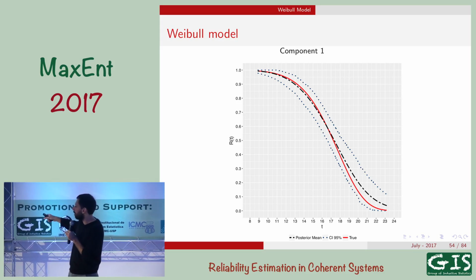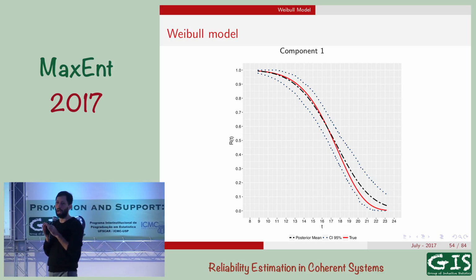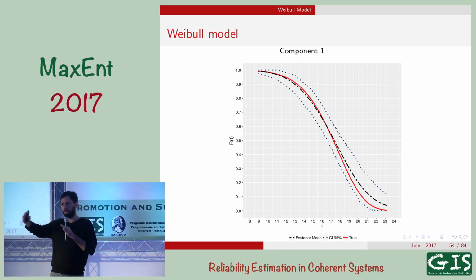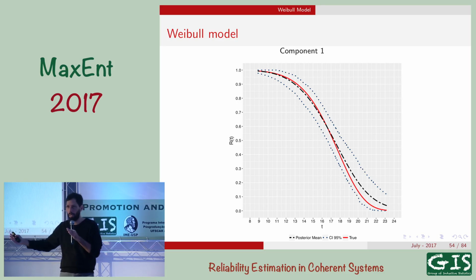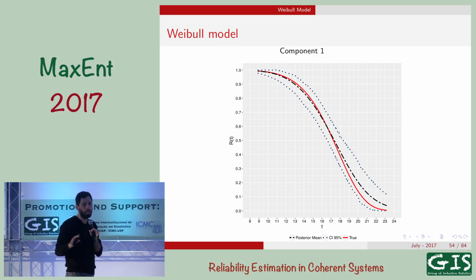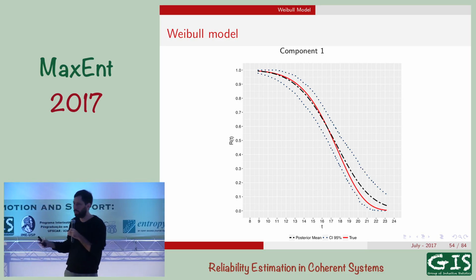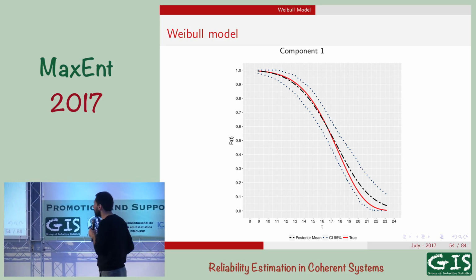If the interval is smaller and shrinks closer to the posterior mean, this means that I have a great point. If it's larger, then probably I will need more samples to improve my estimator. So we have a way to see that and to improve what we are doing here.